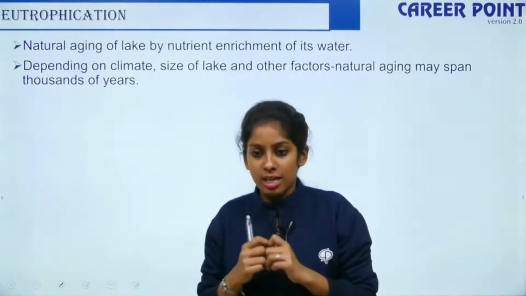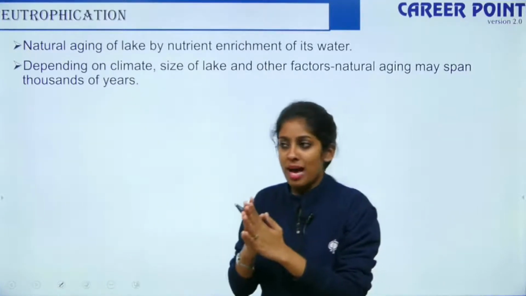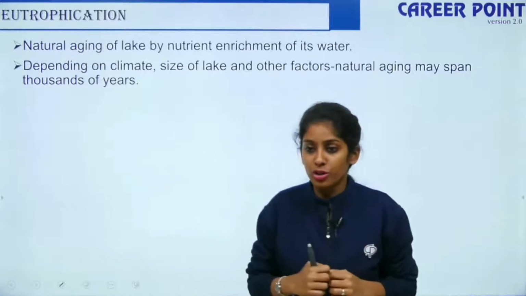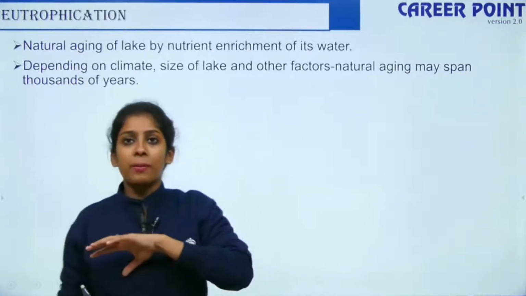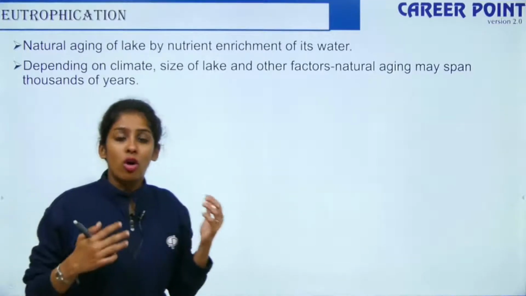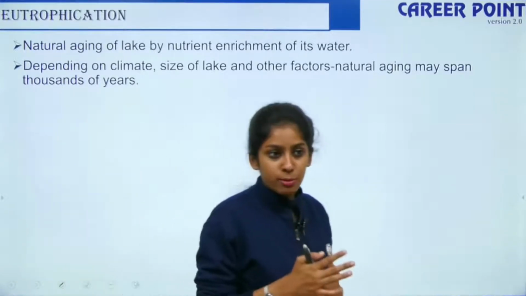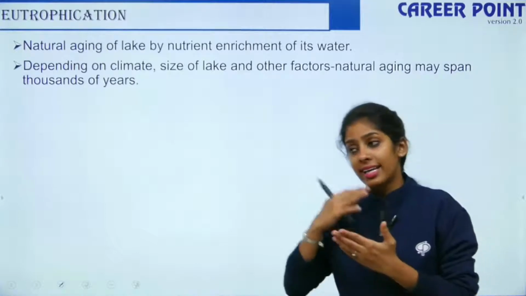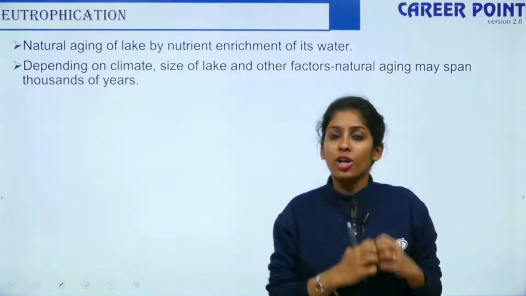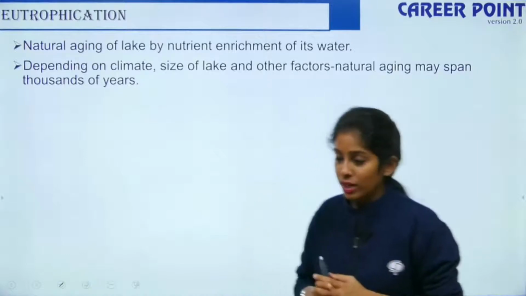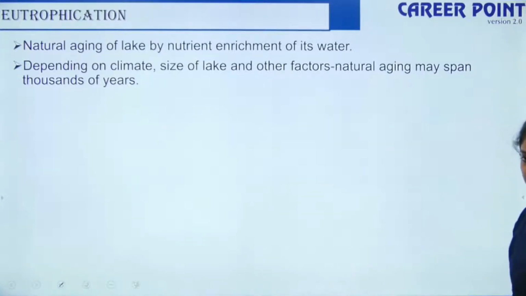Slowly your phytoplanktons come into picture, then your zooplanktons, then you have a lot of nutrients in it, so large fishes grow, right? Slowly it becomes polluted, you have a lot of nutrients, algae start blooming, and later it gradually gets converted into land. That is how a water body is being converted into a land, and that is eutrophication.